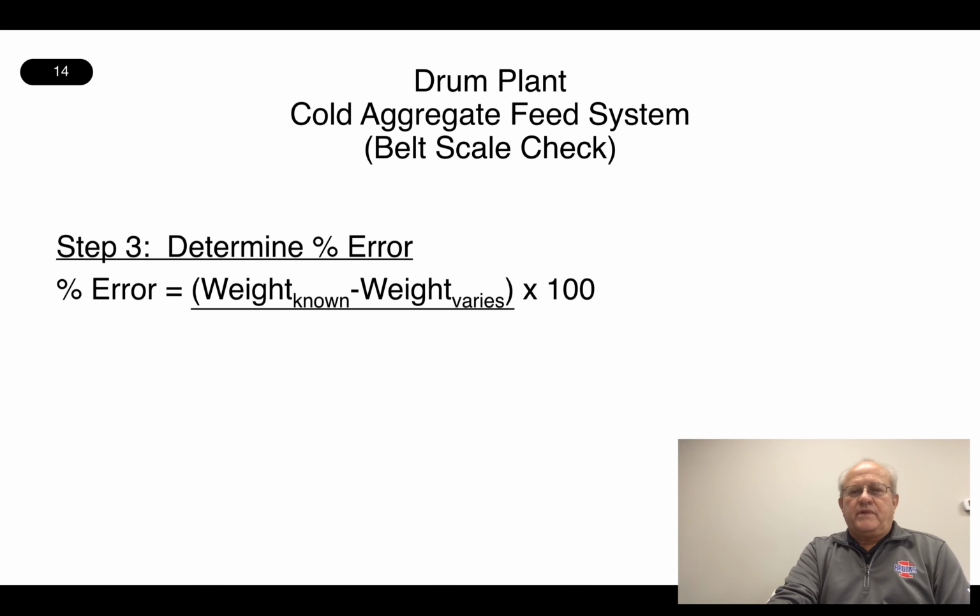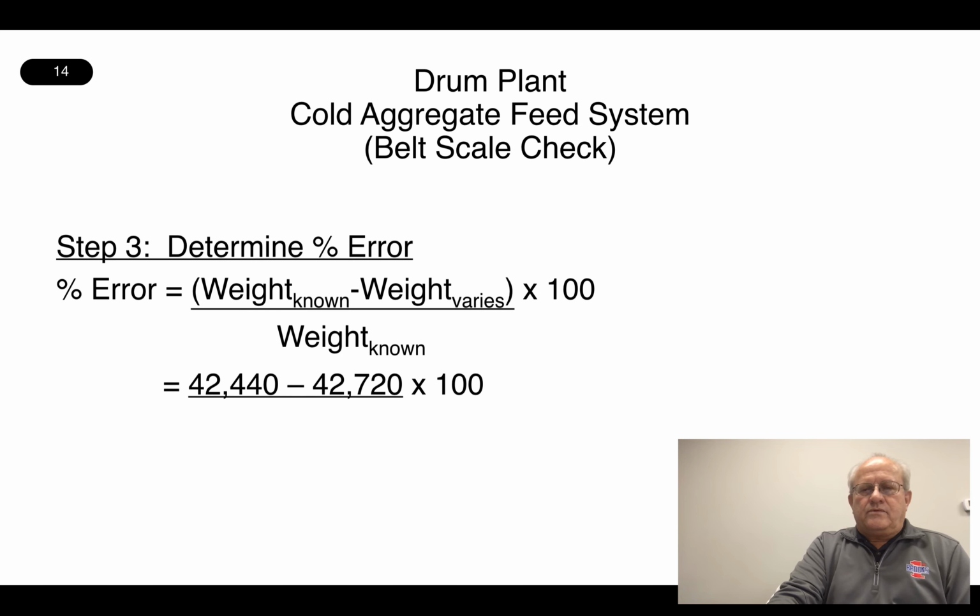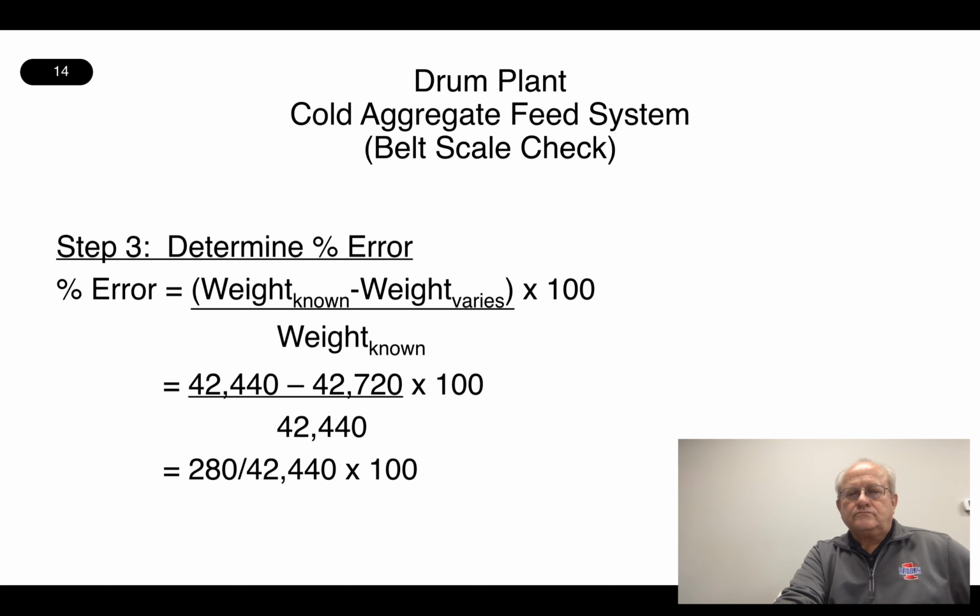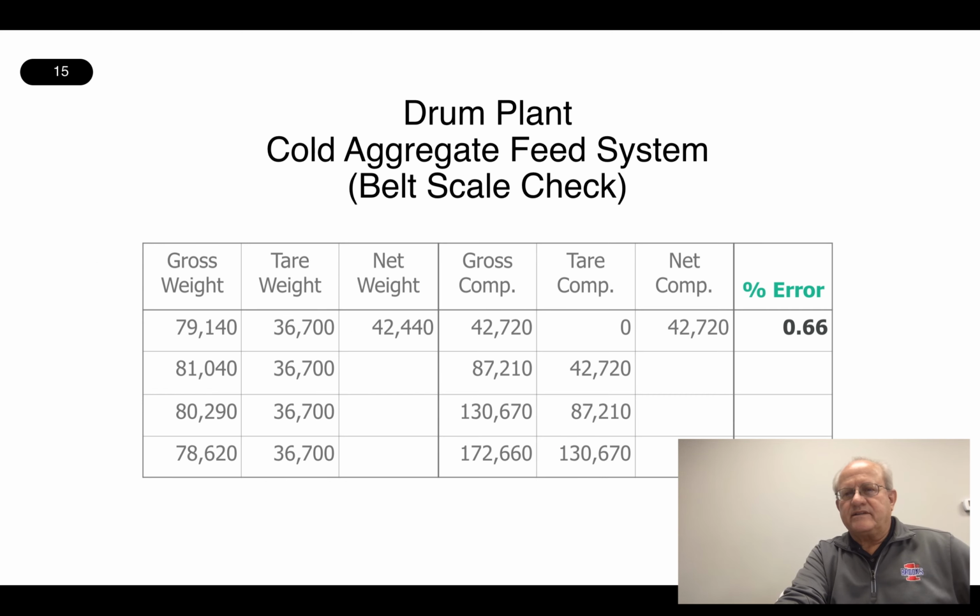The variable weight would be what the computer thinks it put in the truck. You do the pounds difference, 42,440 minus 42,720, times 100, a 280 pound difference versus the actual weight. You always take the difference divided by the actual weight, and get 0.0066, or a 0.66% error.